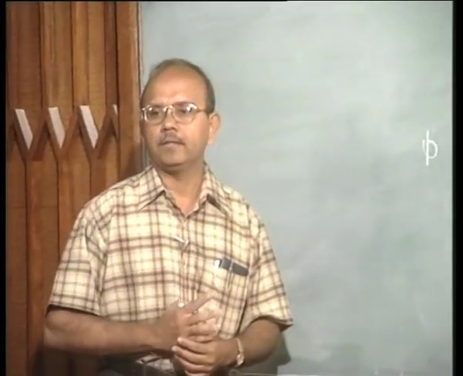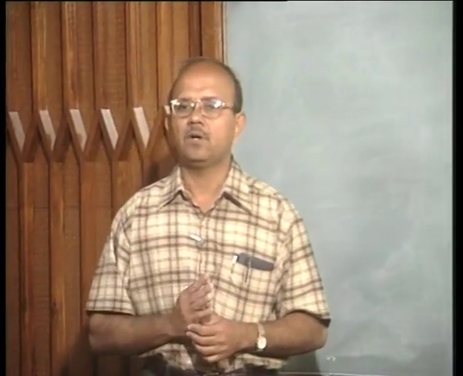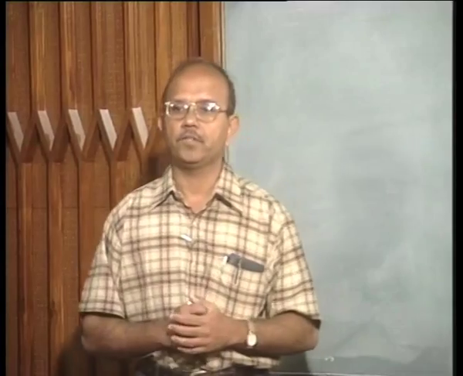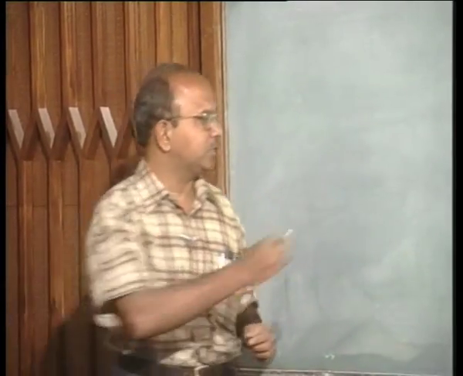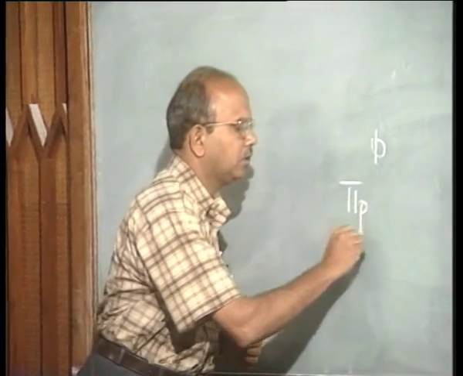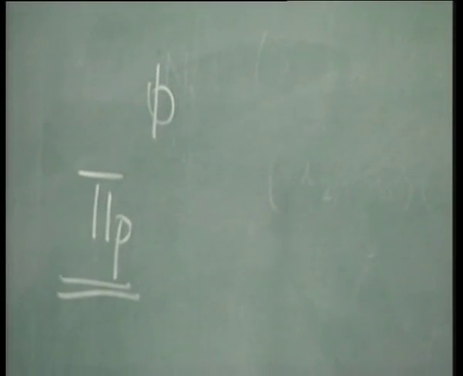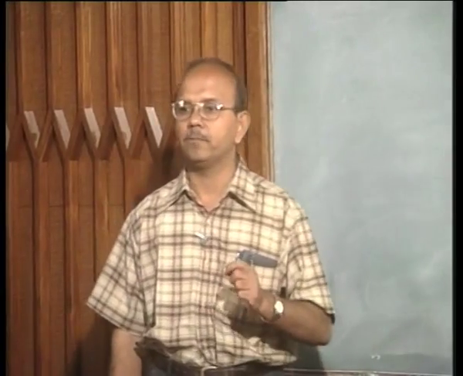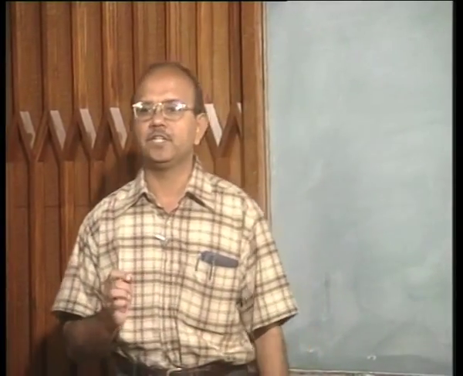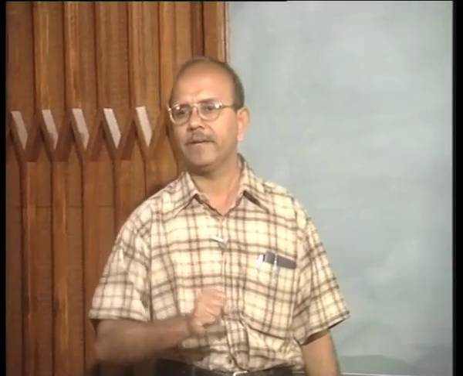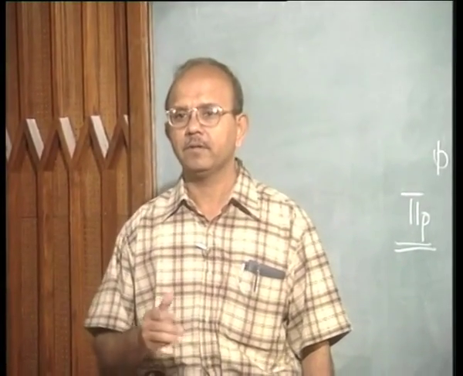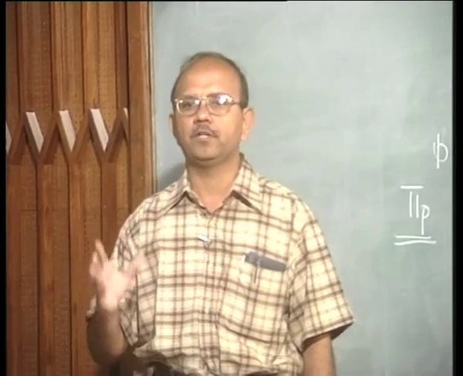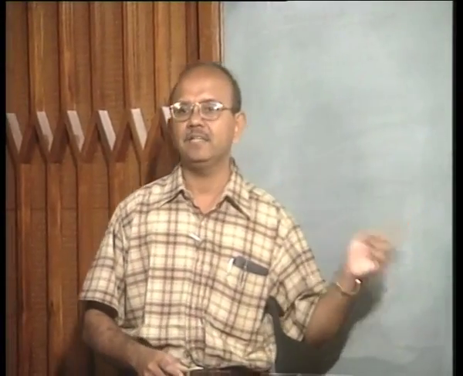So, let us now look at what are the requirements of the interpolation function. In order to look at that interpolation function's requirement, we have to concentrate on what we called the functional phi p. So, what we have to do first is to go and look at this expression for phi p and then look at the derivatives of the field quantities or variables that exist in phi p, right.